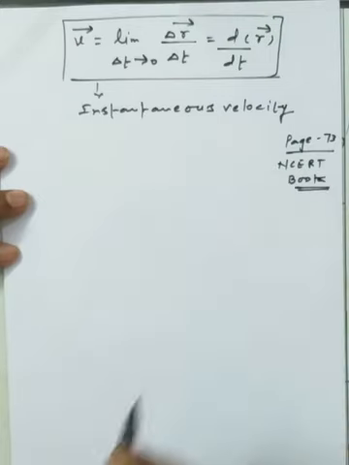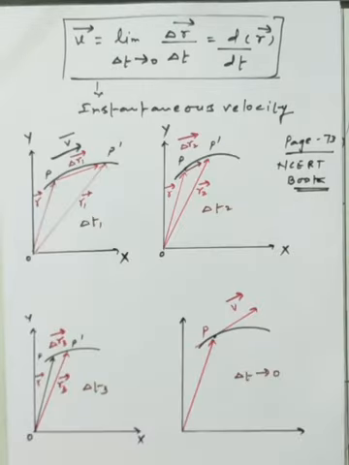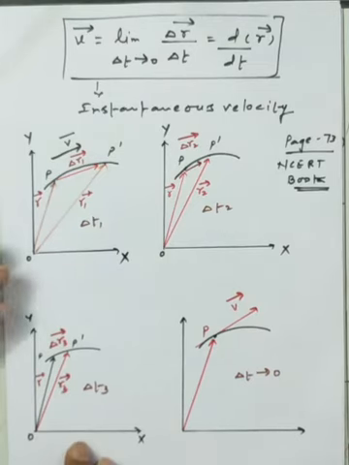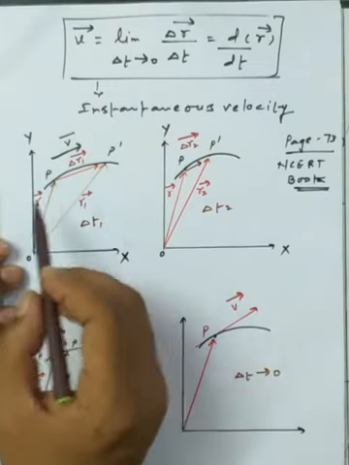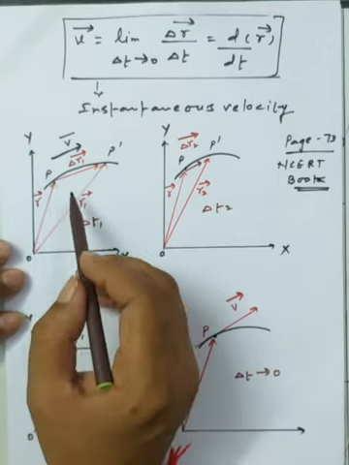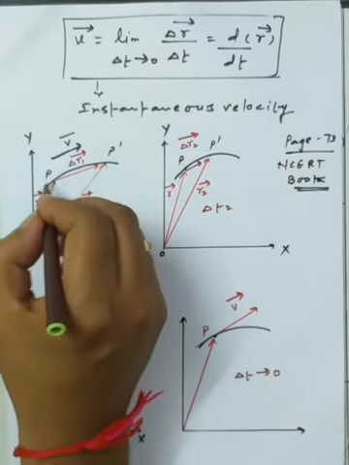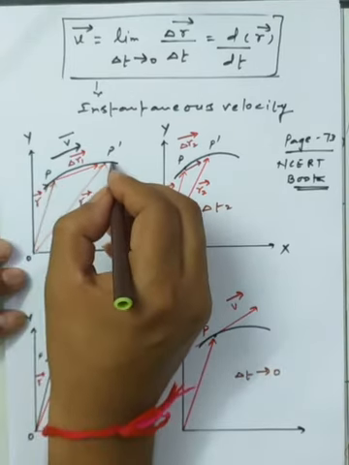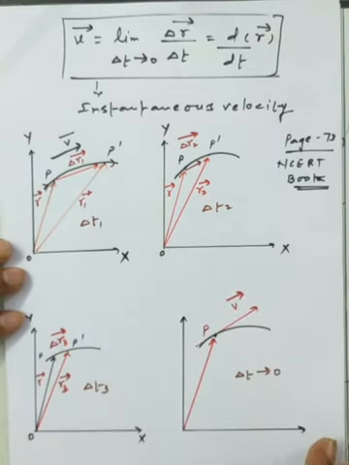I am pasting all the graphs here regarding how the average velocity converts into the instantaneous velocity. Now, how can we get the direction of the instantaneous velocity? So I am taking the movement of a particle in two dimensions, and it is moving on a curved path.